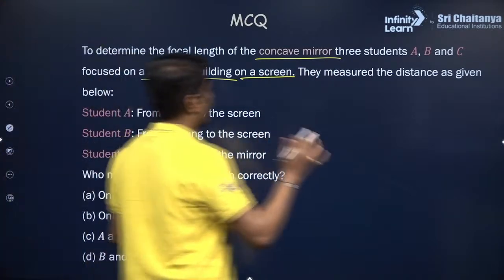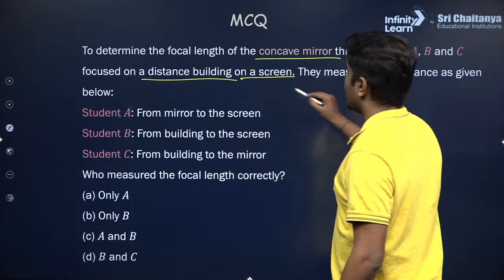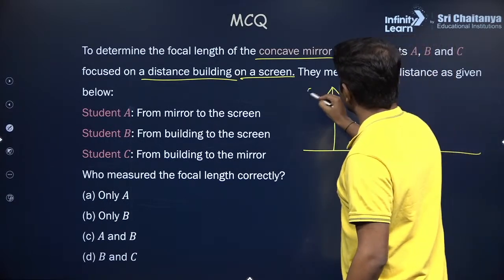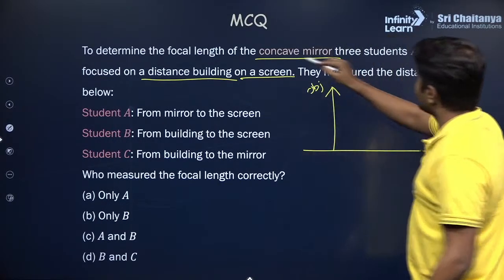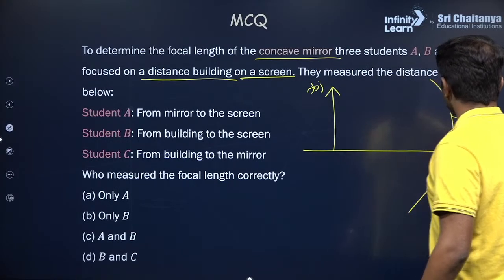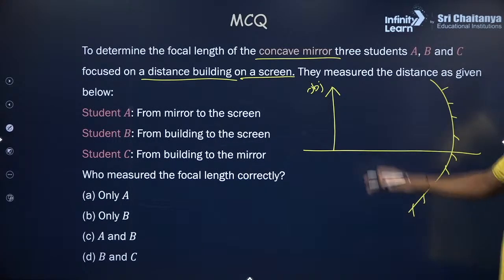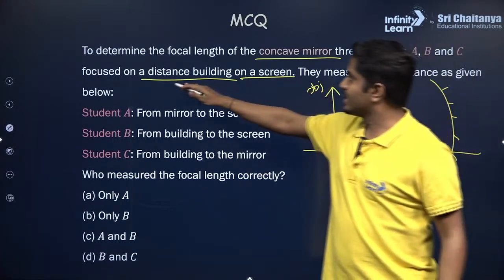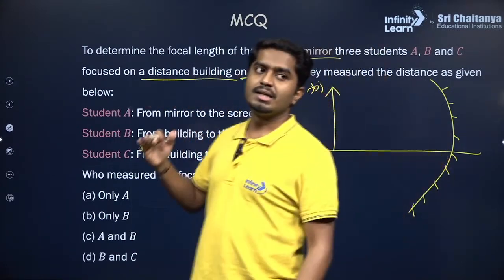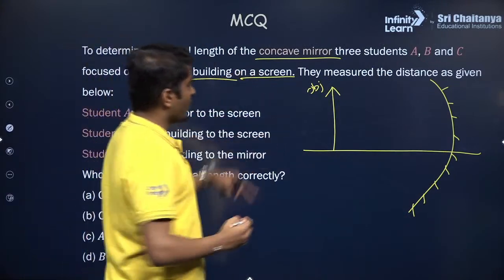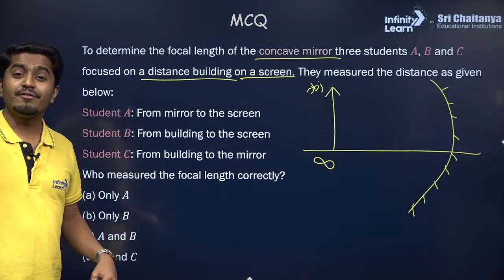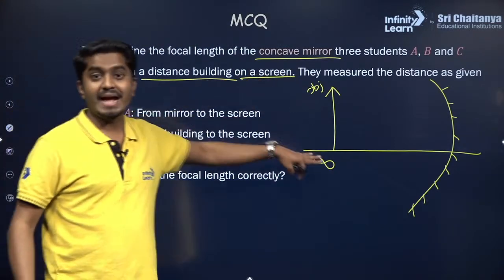So I'll draw the image. For example, there is a distant building, which is our object. Then we have what type of mirror? Concave mirror. So this is a concave mirror, correct? There is a very far distant building, that means an object which is very far, so I can say the object is somewhere at infinity.